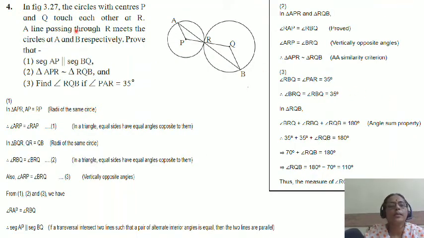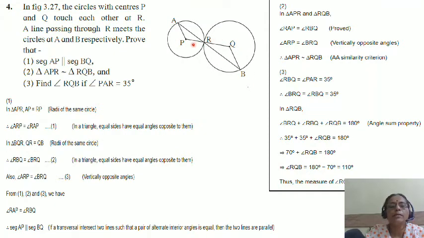Your next example is: the circles with centers P and Q touch each other at point R. Circle with center P, circle with center Q touch each other in point R. It meets the circles at A and B respectively. Prove that AP is parallel to BQ.